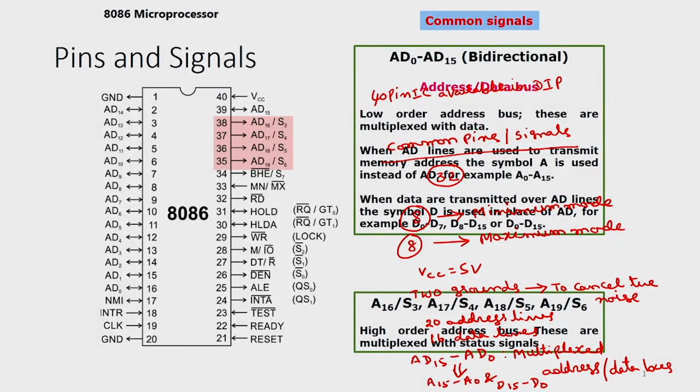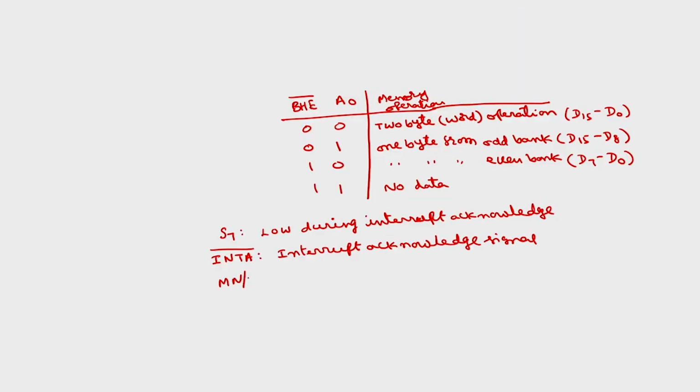So now what are the pins that are left? Here we have discussed these pins, S3 to S6, BHE bar by S7. Then there is one pin called MN by MX bar. As I have told, there are two modes, minimum mode and maximum mode. MN stands for minimum, MX stands for maximum.